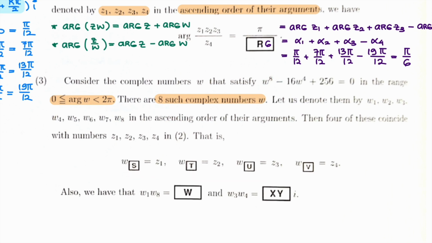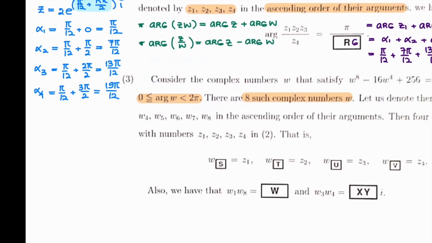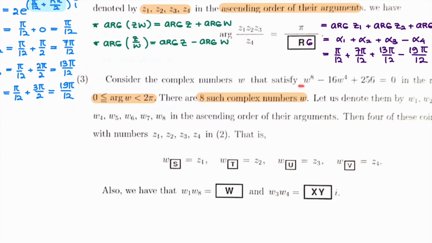So we want to find which w is the same as our z. To solve this question, I will assume w to the power of 4 as a variable. Let's say I will assume w to the power of 4 as b.